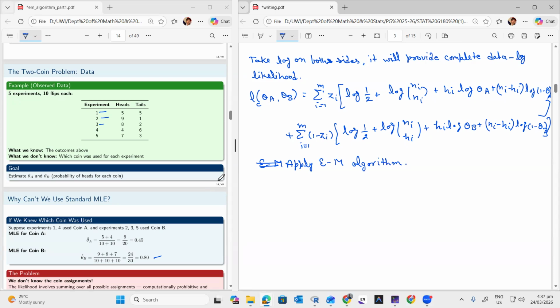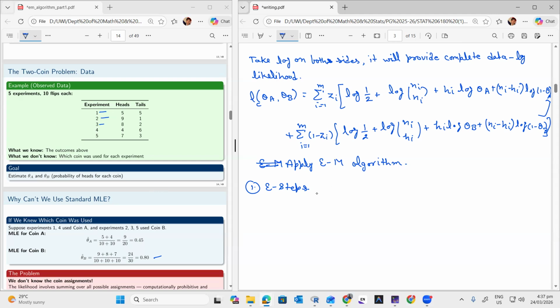In that, we will first compute the E step. Two steps are there, so we are going to do the E step first. In this step, we will compute the conditional probability that experiment i used coin A, given the observed data and the current parameter values.